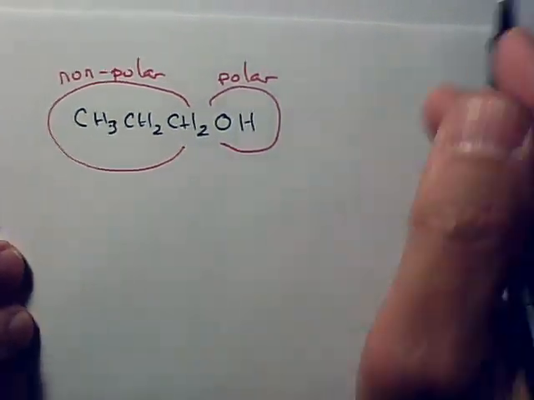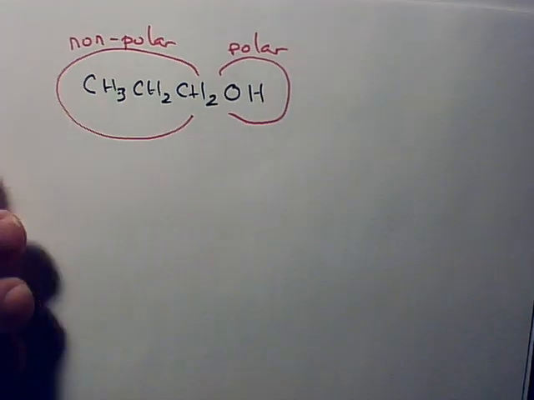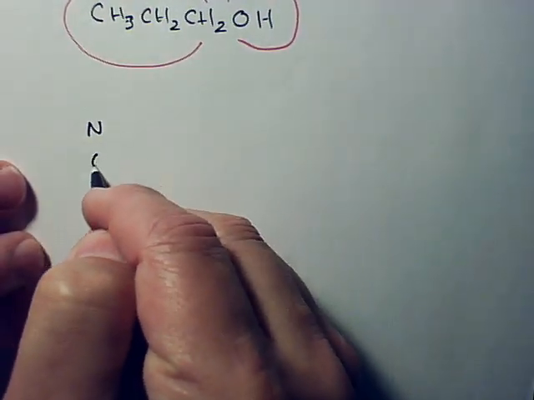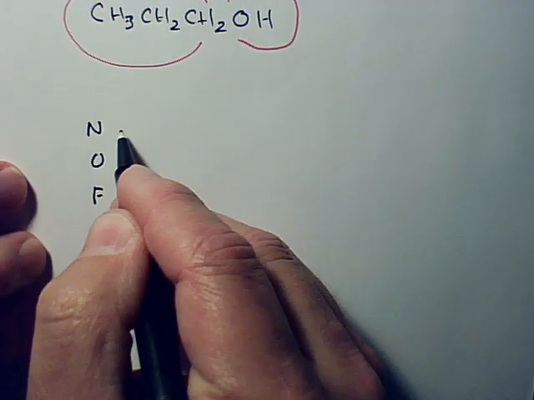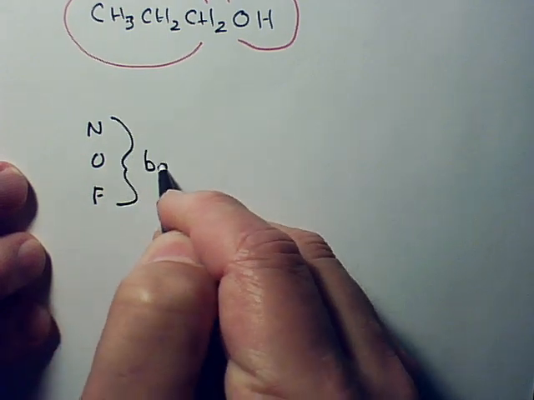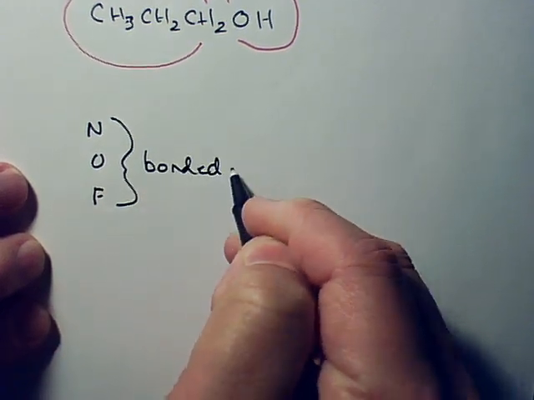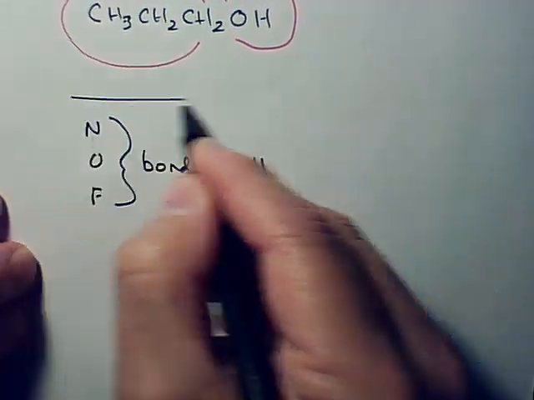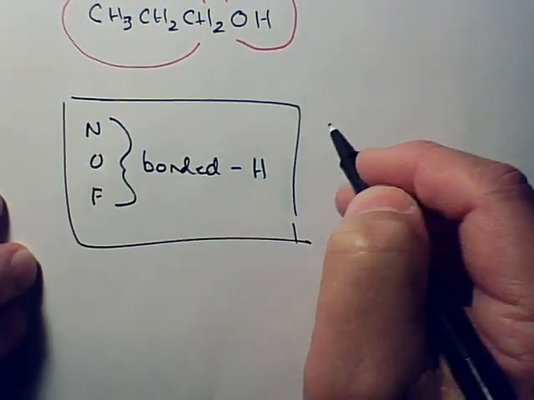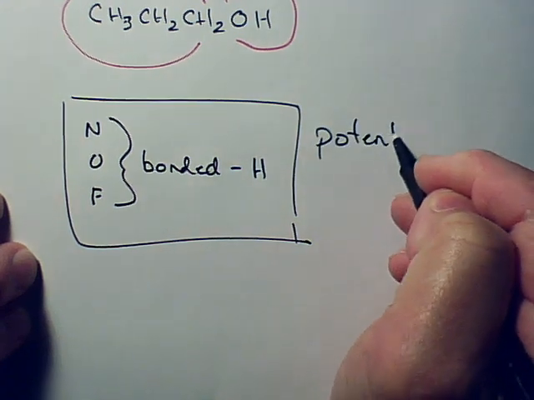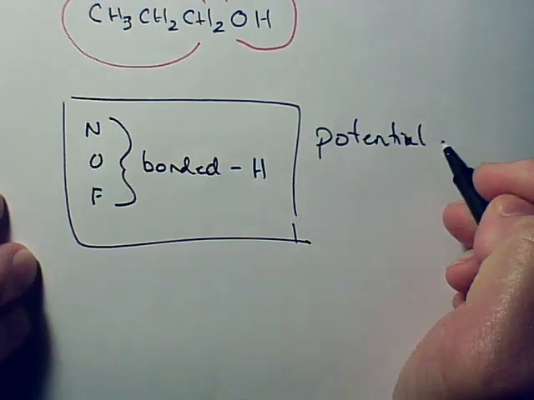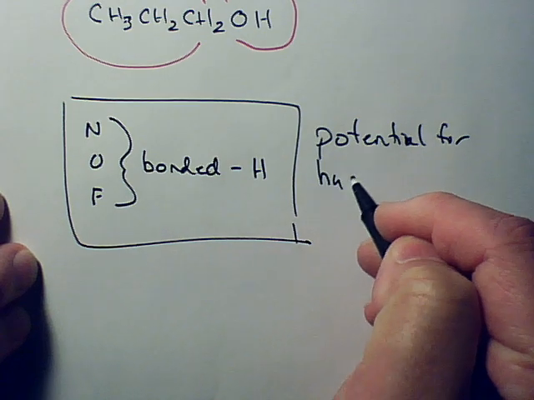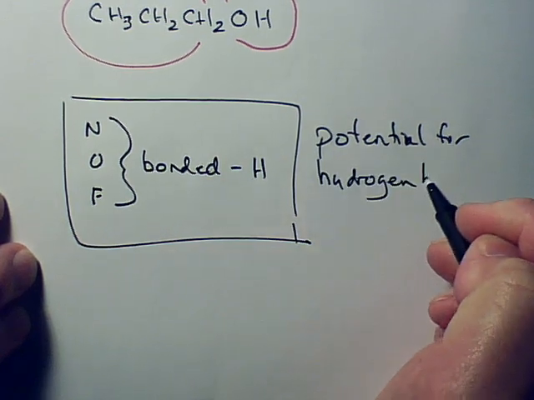This is going to be where you have hydrogen bonding. Anytime you have nitrogen, oxygen, or fluorine bonded to a hydrogen, the potential for hydrogen bonding occurs.